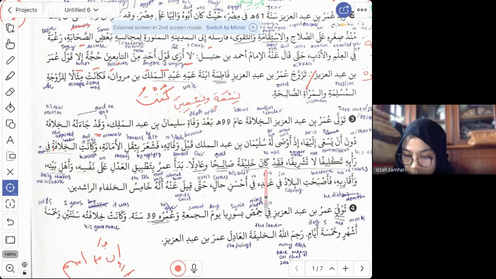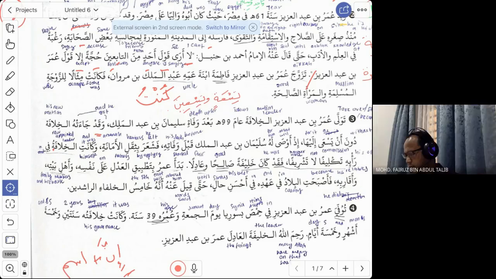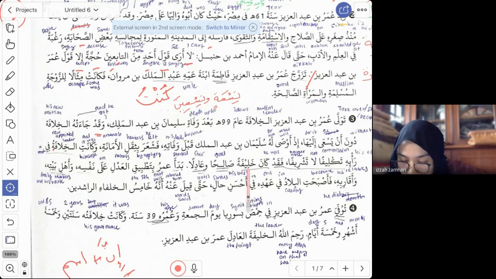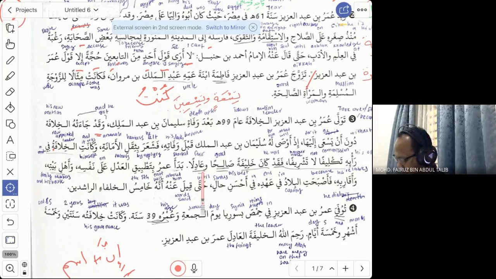And then, okay. Faqad kana khalifatan solihan wa adilan. Faqad kana means he was. Khalifatan. Solihan means good. Wa adilan means fair.